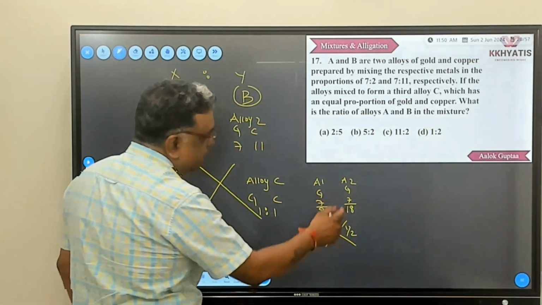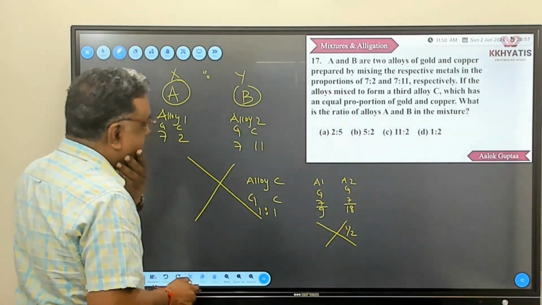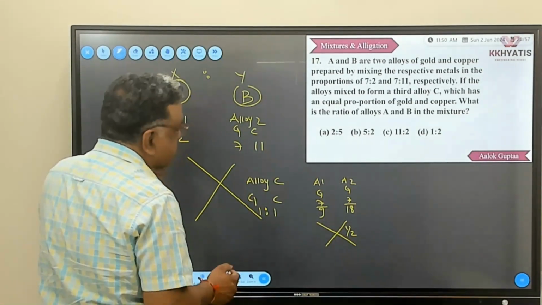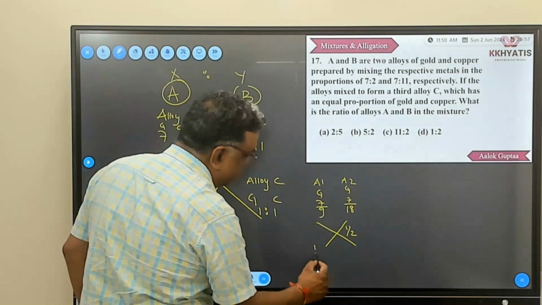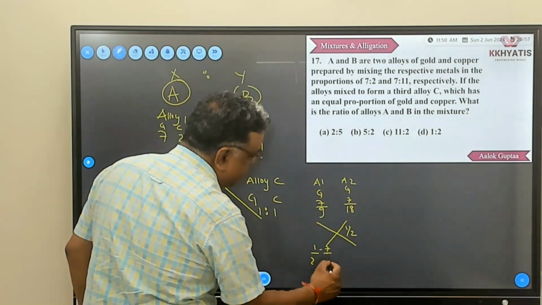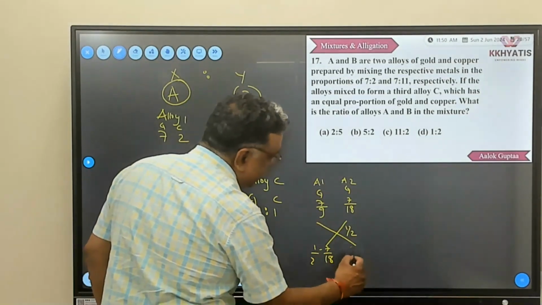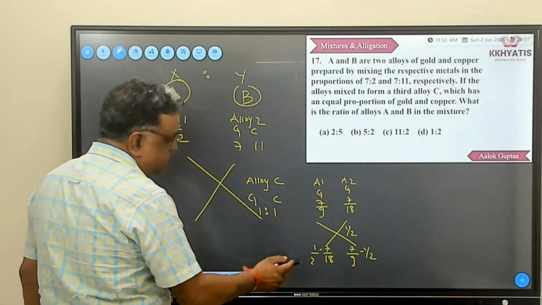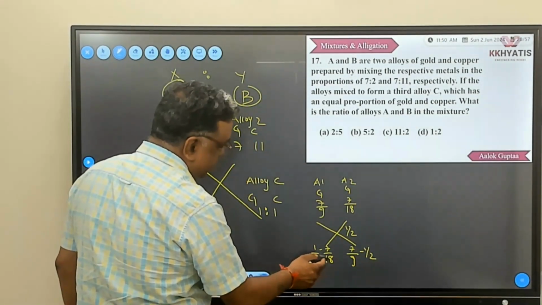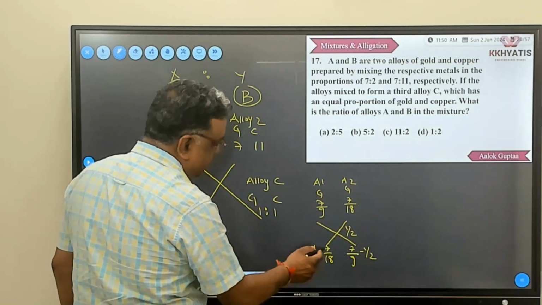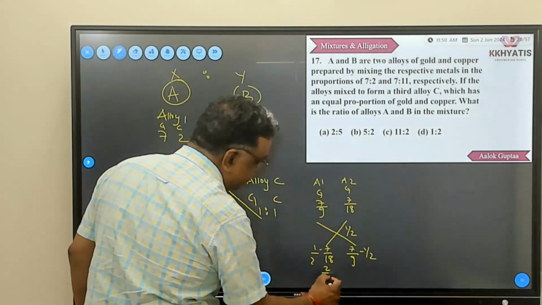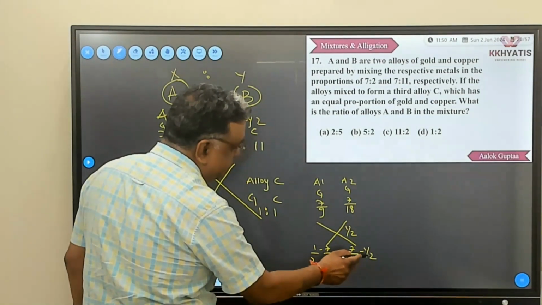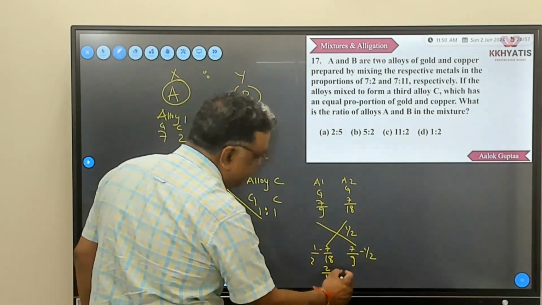So if I take alligation, this is greater, so 1/2 minus 7/18 and 7/9 minus 1/2. So this would be 9 minus 7, 2/18, and this would be 14 minus 9, 5/18.